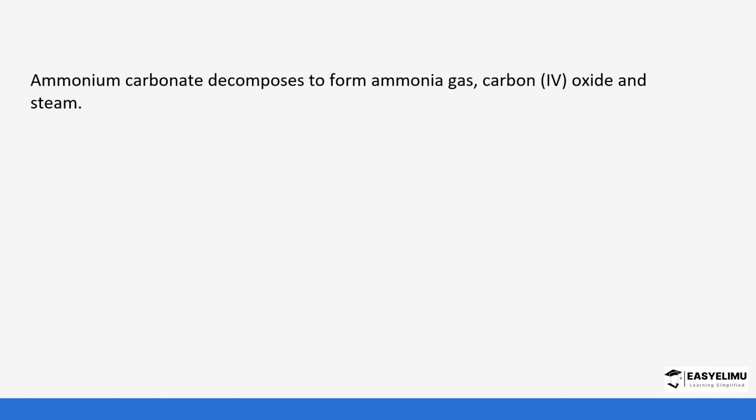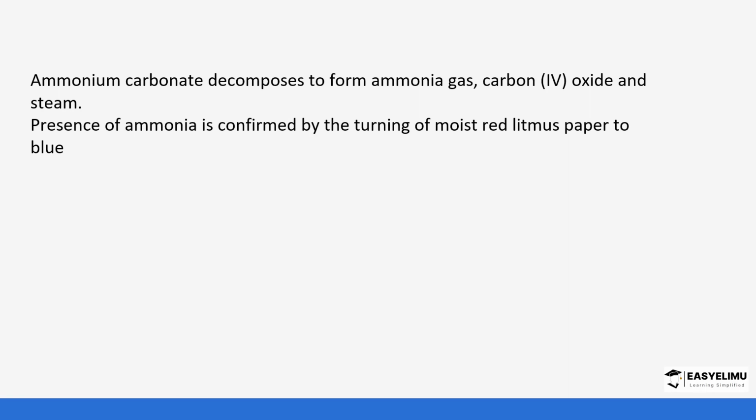Another exception comes in with ammonium carbonate. When you heat ammonium carbonate, you form ammonia, carbon 4 oxide, and steam. The presence of ammonia is confirmed because it turns red litmus paper blue. It's one of the gases that is basic in nature.